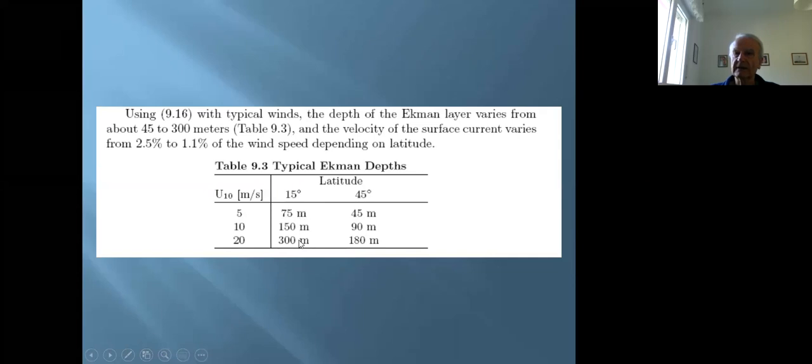So you can see, as we already saw from the equations, from the solutions, that the Ekman layer depth depends on the wind speed on one hand, and on the other hand, it depends on the latitude. The more to the north you are, the smaller is the Ekman layer depth, or the closer to the equator, the larger is the Ekman depth.